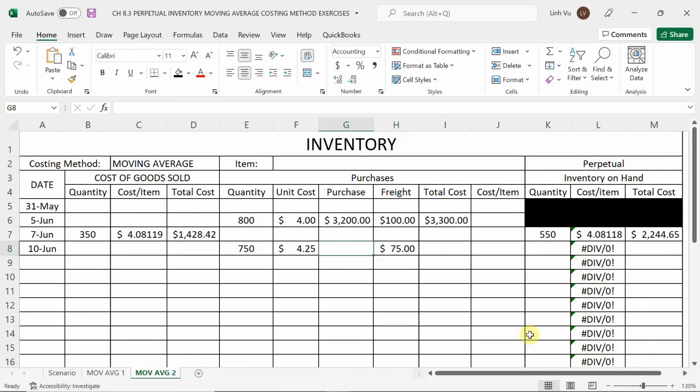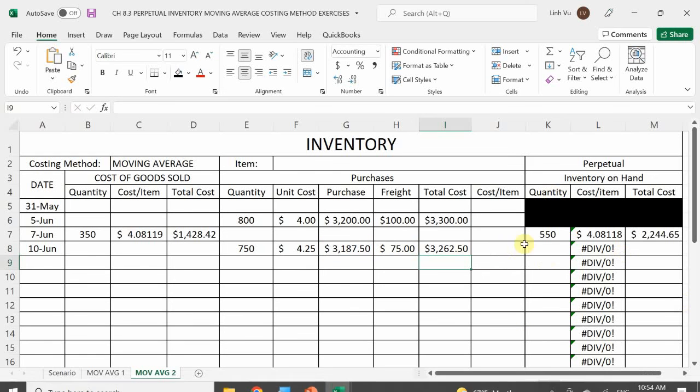So what is my purchase price here? $3,187.50, plus my freight of 75, $3,262.50. Good.